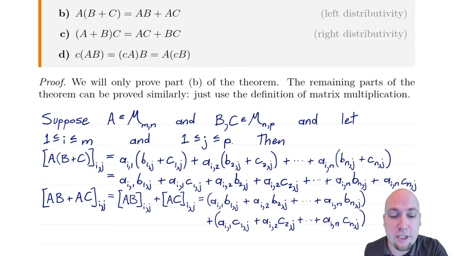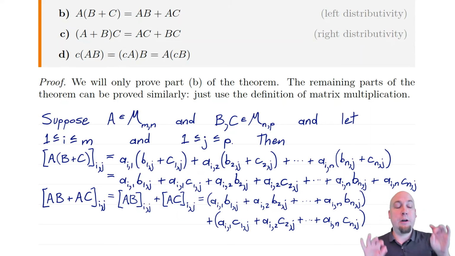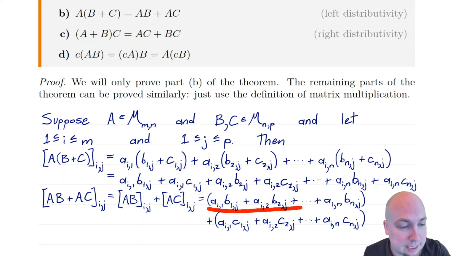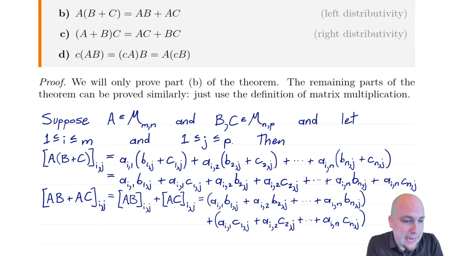Next, I've got the ij entry of this matrix product and the ij entry of that matrix product. So now I'm going to use the definition of matrix multiplication twice. This ij entry is the dot product of the ith row of A with the jth column of B, and that's what I wrote down here. Notice mechanically how this works out: my outer subscripts are always i and j, because that's the entry in the product that I want.